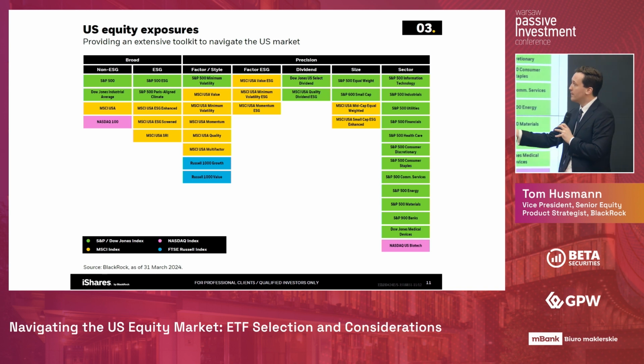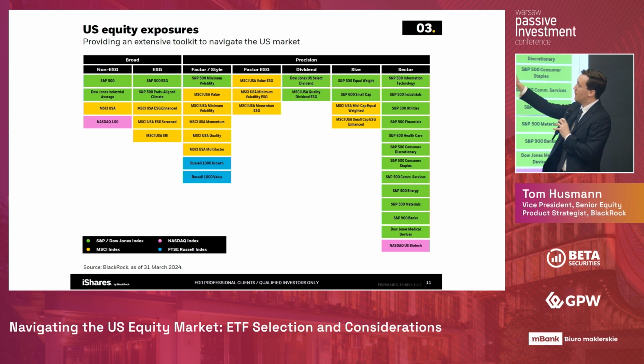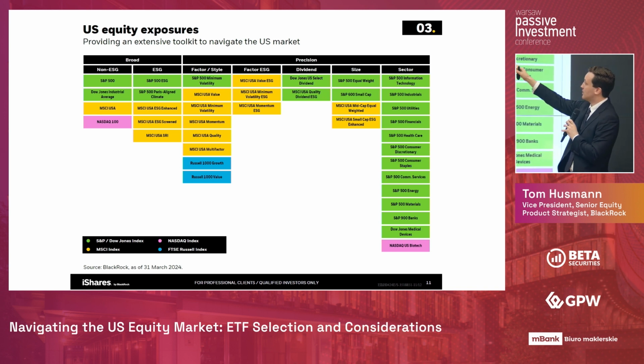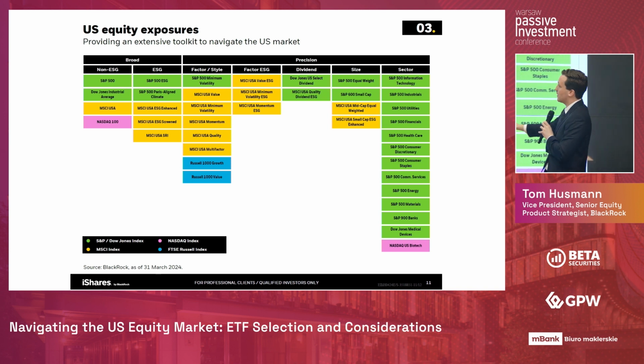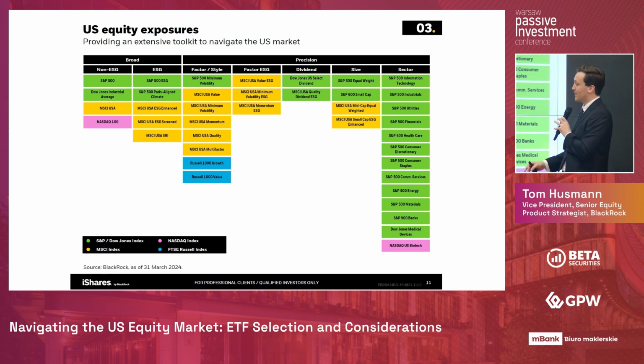And here we have an overview of the major benchmarks in the market that are tracked by ETFs across S&P, Dow Jones, Nasdaq, MSCI, FTSE Russell for broad equities, but also precision with factors, style, size, and sectors as well, to give clients a very strong and comprehensive toolkit to have an active approach with ETFs by being granular in US equities. So that's from my perspective.